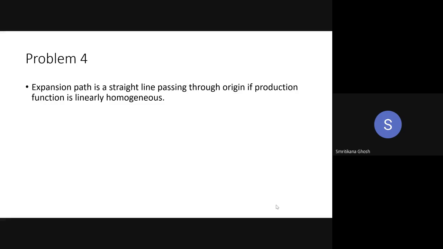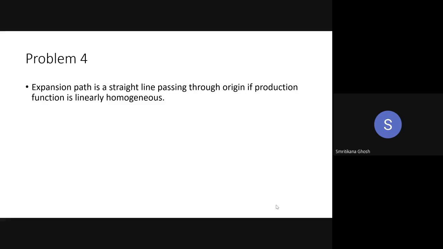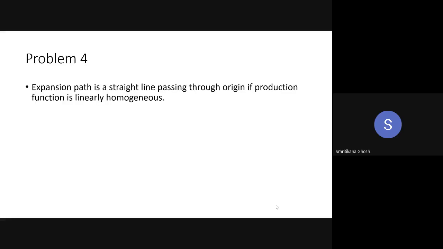You have to check whether, if the production function is linearly homogeneous, the expansion path is a straight line through origin or not. I just forgot to copy it here.